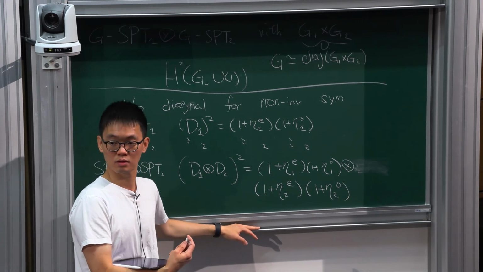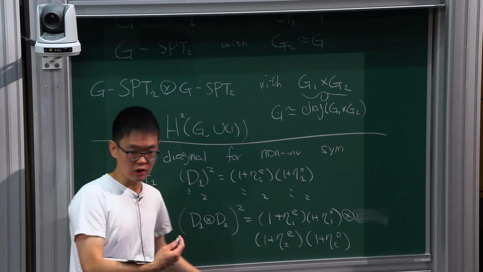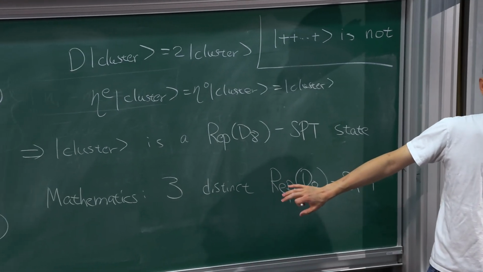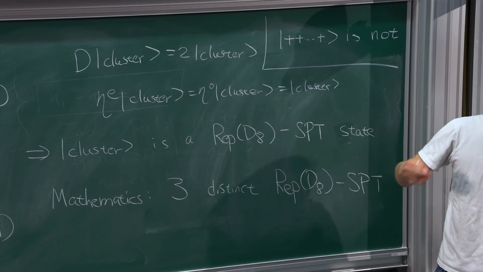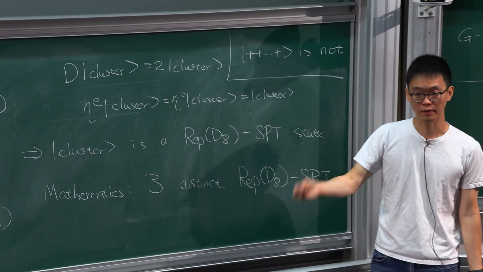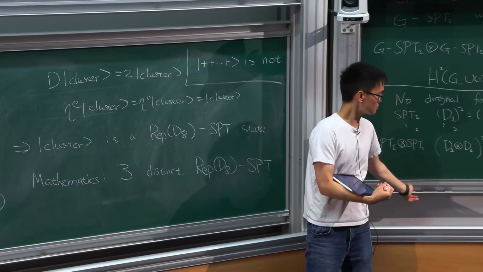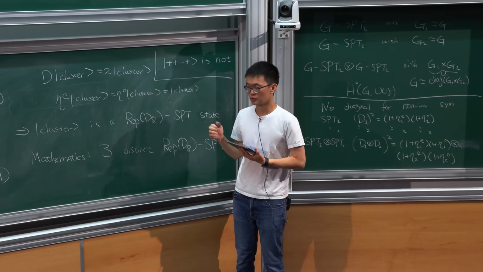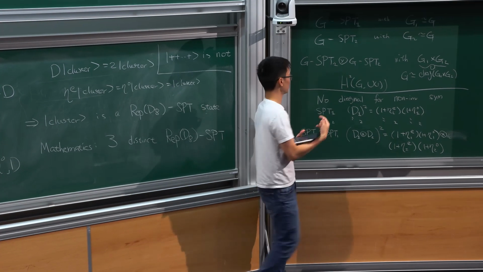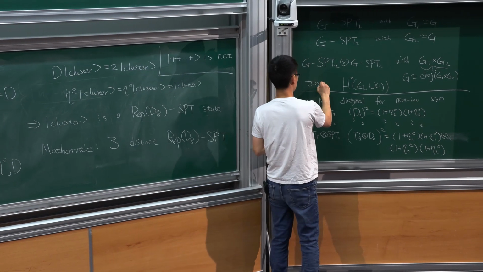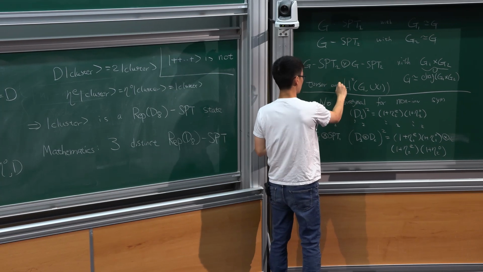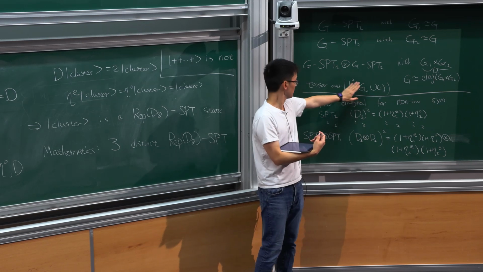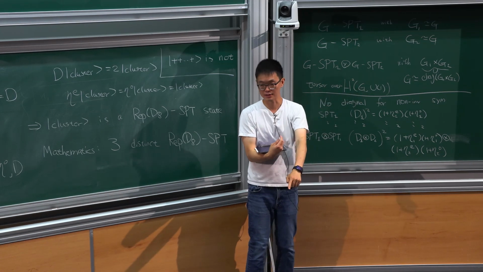Okay. So whatever these three Rep D8 SPTs are, there's no addition structure among them. For ordinary SPT, it's a torsor over a group, and then you can choose an element in this torsor and say that that guy is the identity.